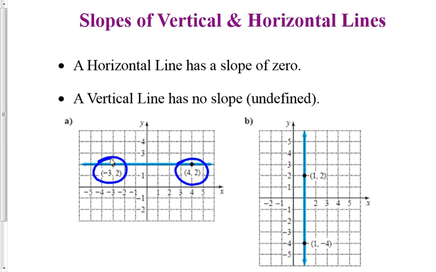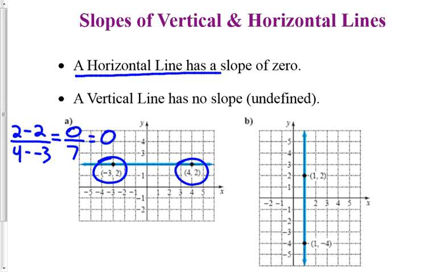So let's apply our slope formula, y2 minus y1 over x2 minus x1. And look what happens. On the numerator we get 0, in the denominator we get 7. Well, 0 divided by any number is 0. So that's why a horizontal line has a slope of 0.